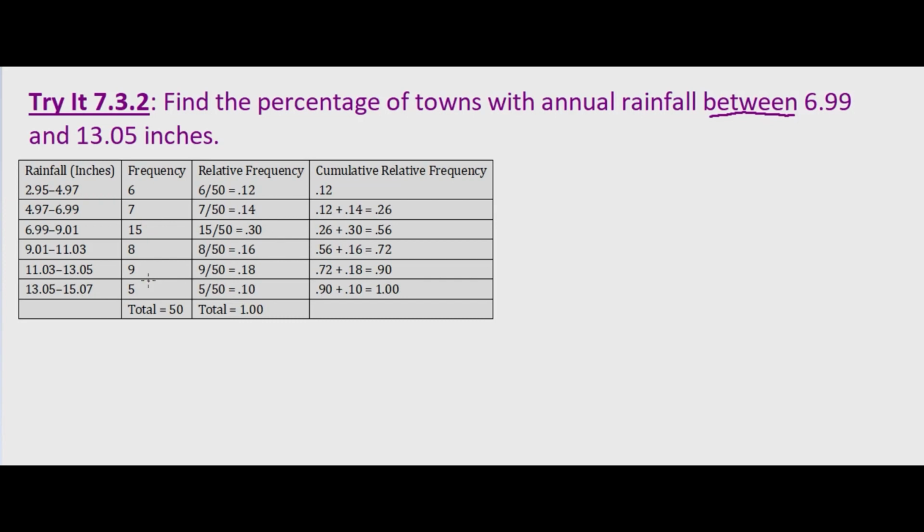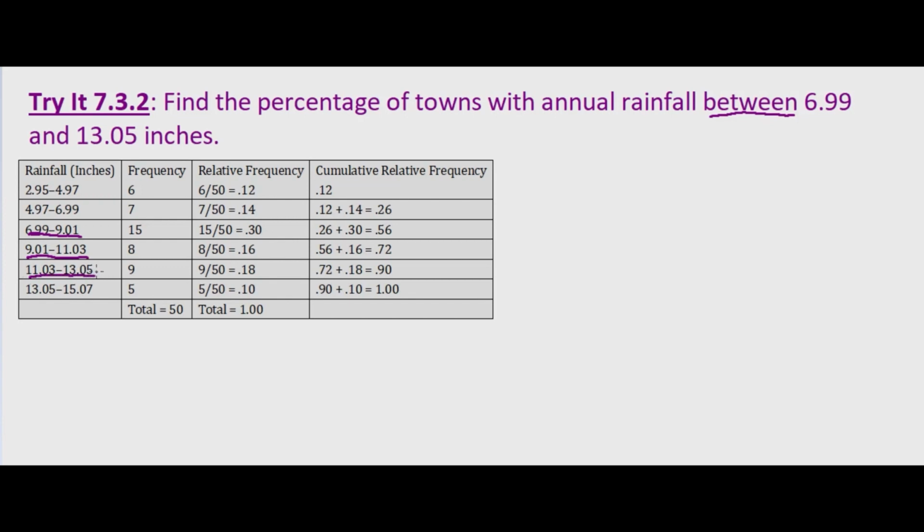So we have to assume that it means non-inclusive. It doesn't include 6.99 or 13.05. So we're just looking at these 3 rows: 6.99 through 9.01, 9.01 through 11.03, and 11.03 through 13.05.